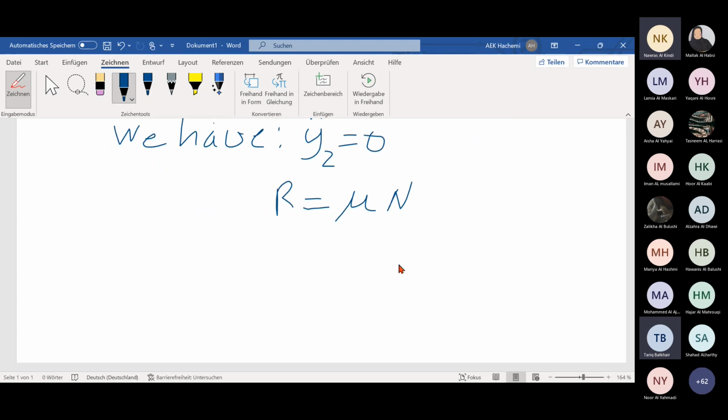Then in this case, what we get here, R, it's only mu m2 g cosine alpha.